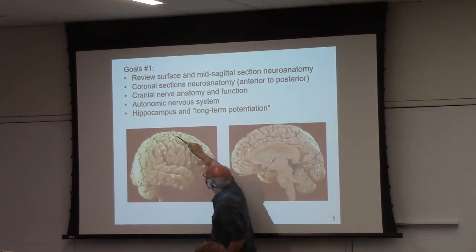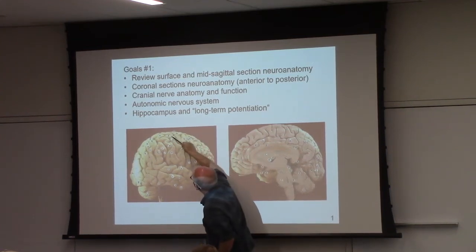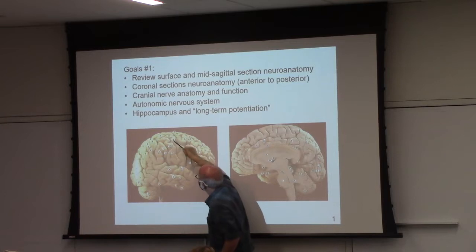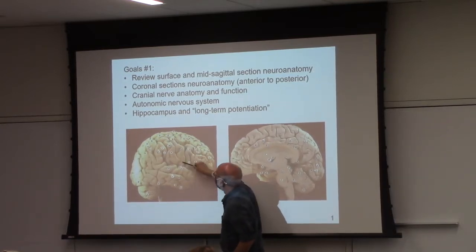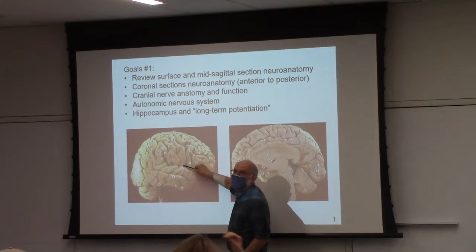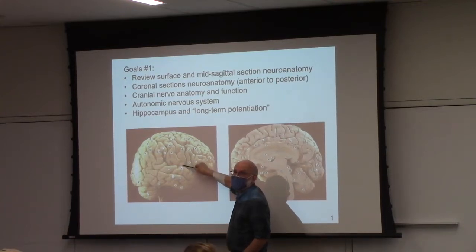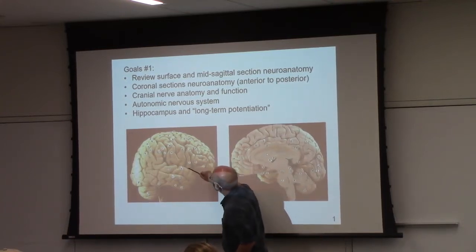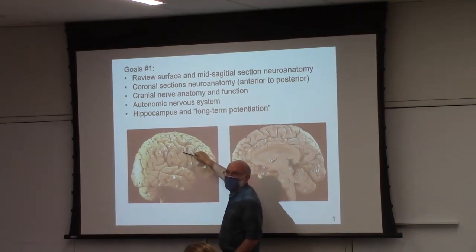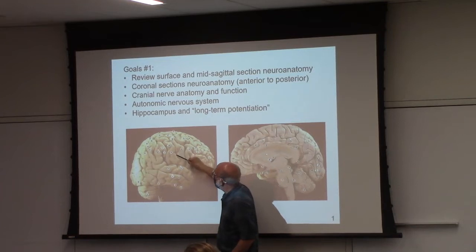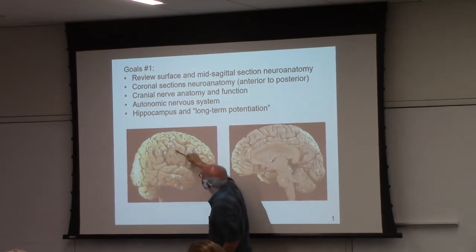Abby. Structure. The groove or no, the lump. Is that the post-central gyrus? It's probably the pre-central gyrus. Okay, so giving you that, Jenna, what is this groove? The central sulcus.